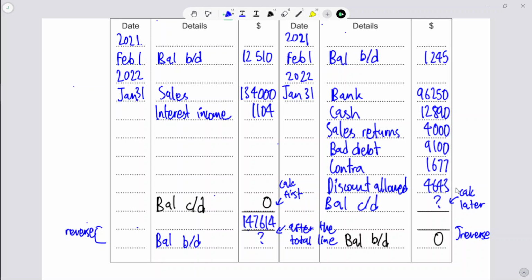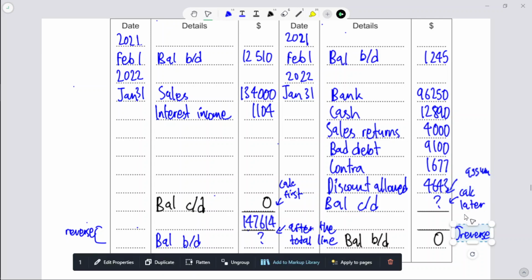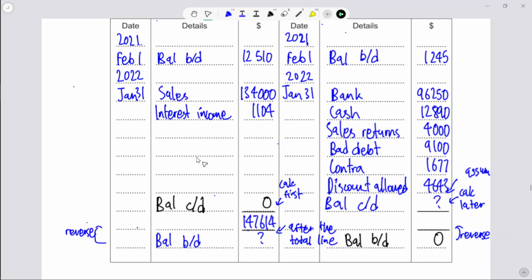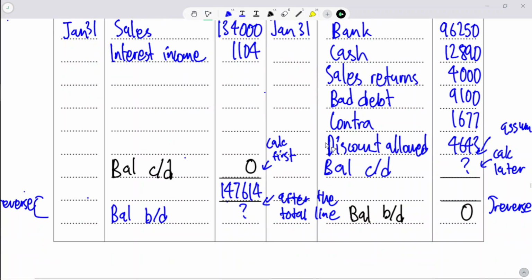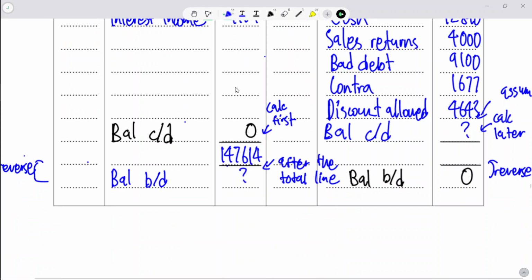So this one question mark again. Assume. Okay, let me write here. Question mark. Assume total is the same. So this will be the same.